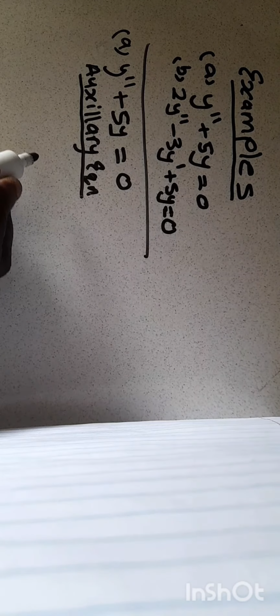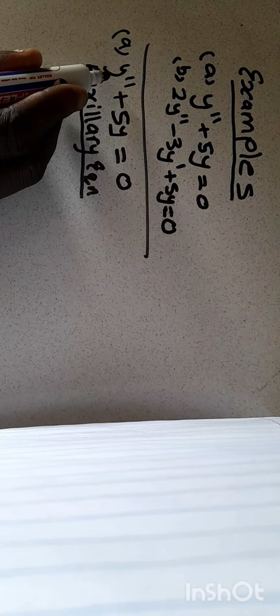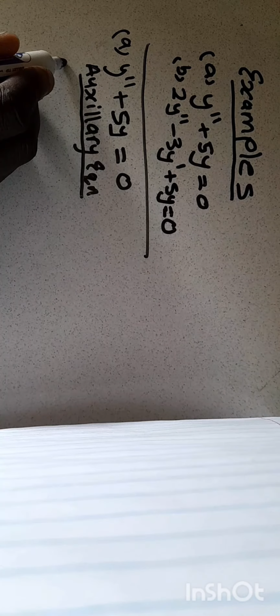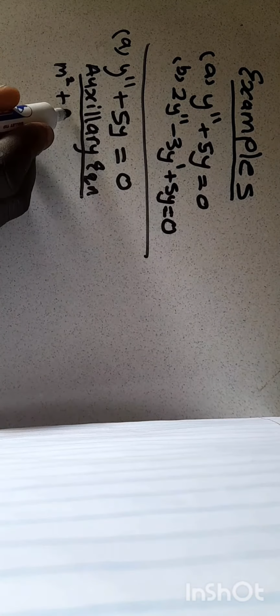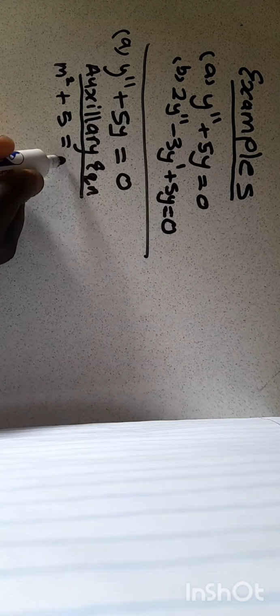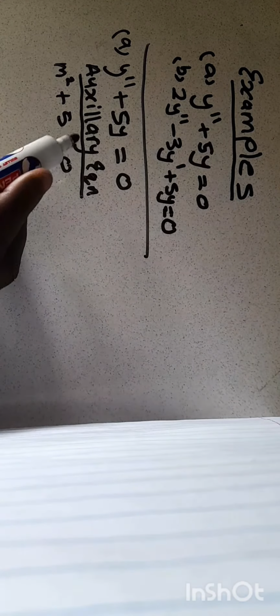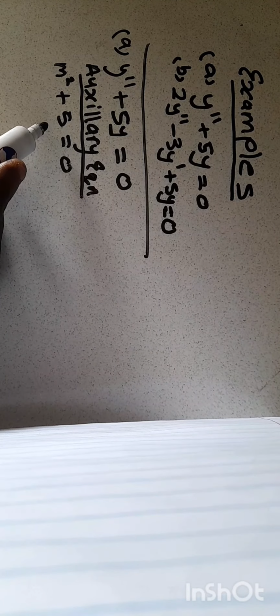The auxiliary equation will be replacing derivatives by m squared plus 5 equals 0. Because there are no derivatives, we say plus 5, a constant.